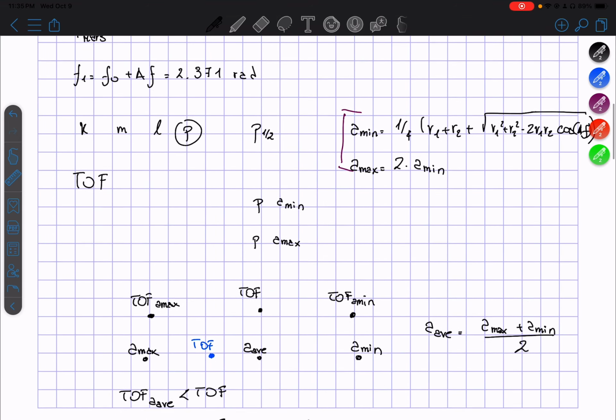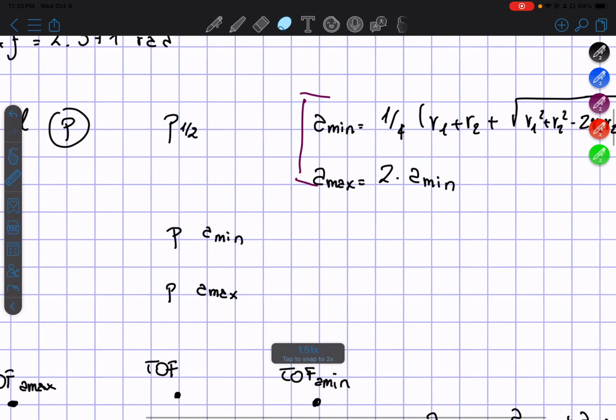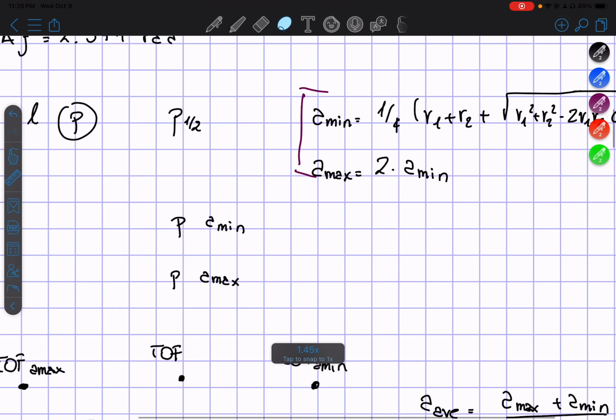You have to make sure to pick the right P. In our problem, the P that we use is going to be the one with the plus, I believe. Let me just make sure. Yes, the one with the plus in front of the square root. So make sure you use that, and then you can iterate over and over.